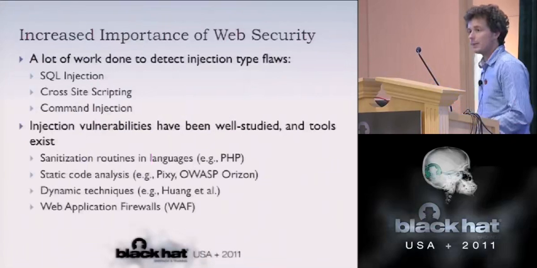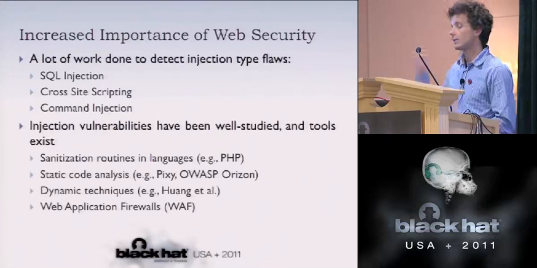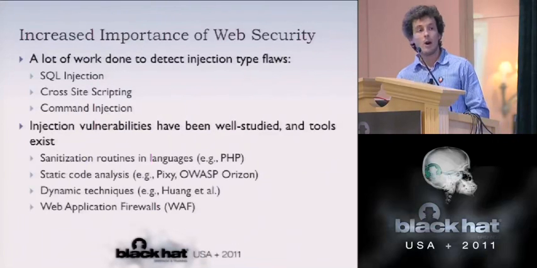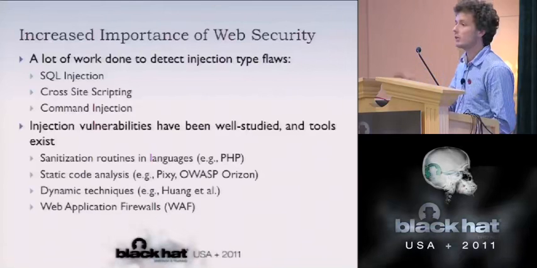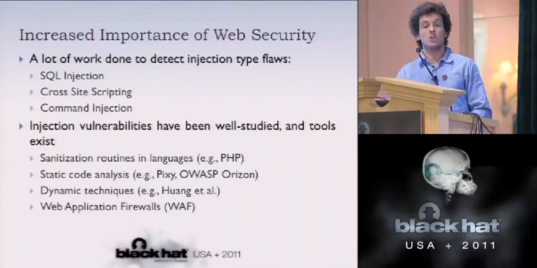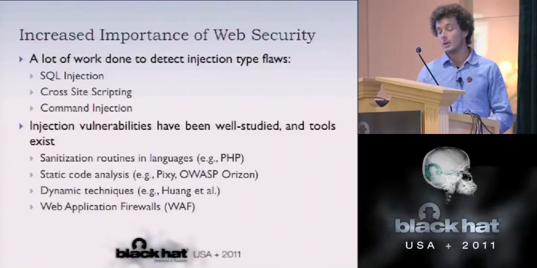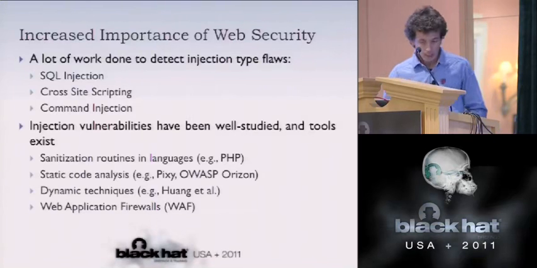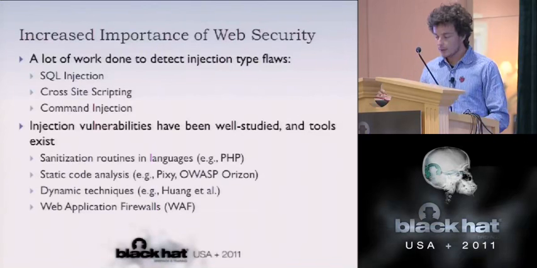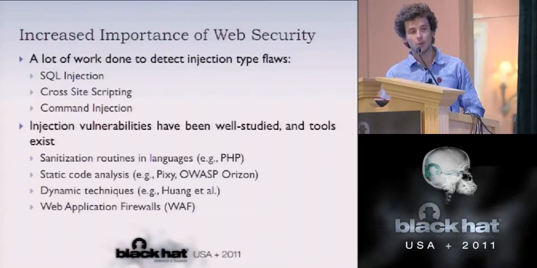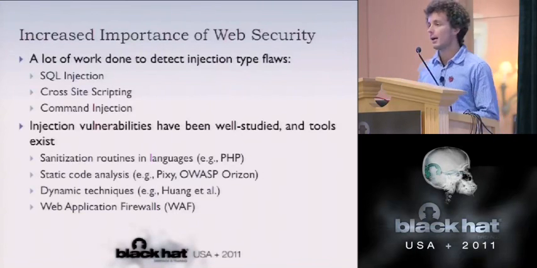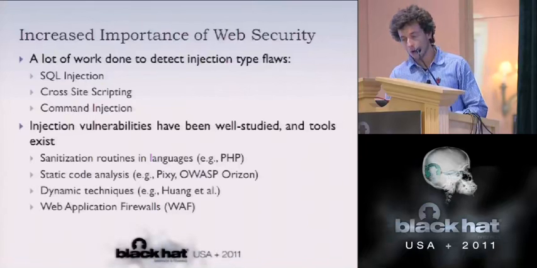A lot of work has been done on detecting different types of web vulnerabilities. In particular, for web injection vulnerabilities such as SQL injection, cross-site scripting, and command injection, there are different tools that have been proposed by the research community and even by companies.